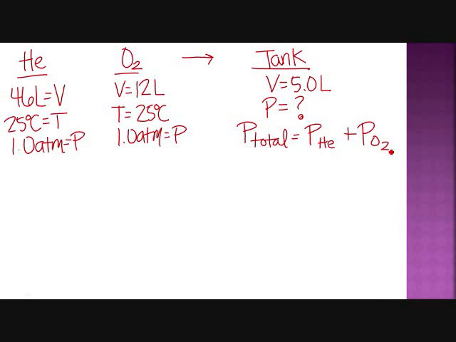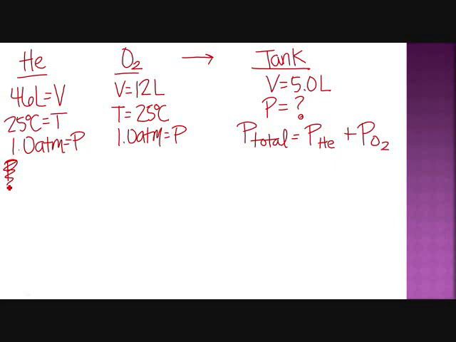So we will need to solve for each of these pressures when they've been added into the tank to do that. Okay, so the thing that doesn't change about each type of gas before it's pumped and after it's pumped, what's missing from our equation with the data that we have? Moles. So when we pump it into the tank, the moles are still the same.